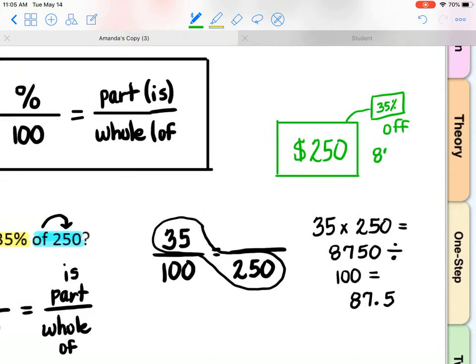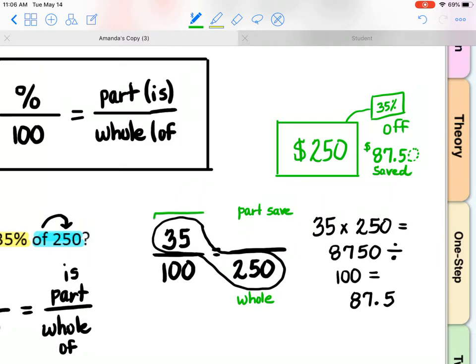We have 87.5, and that's the same as $87.50 that I can save on this microwave. So $250 is the whole price. $87.50 is the part that I save.